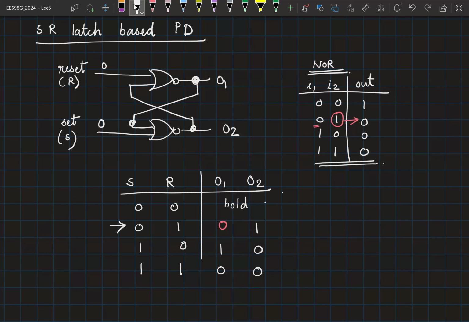Originally if this was 1, then you have 1 and 0, this goes to 0, and this is at 0, so you have a consistent solution. If you assume the opposite outputs, that also results in a consistent solution. So whatever was the previous output, it is going to hold that state.